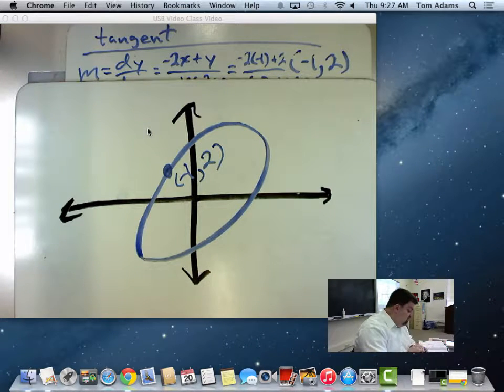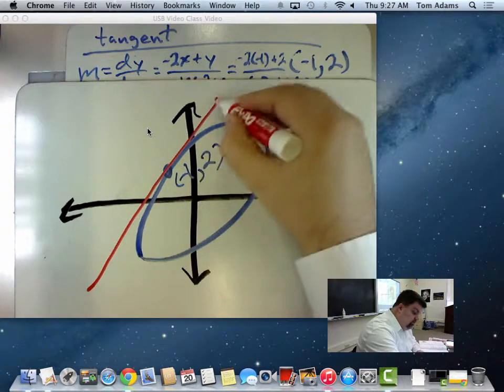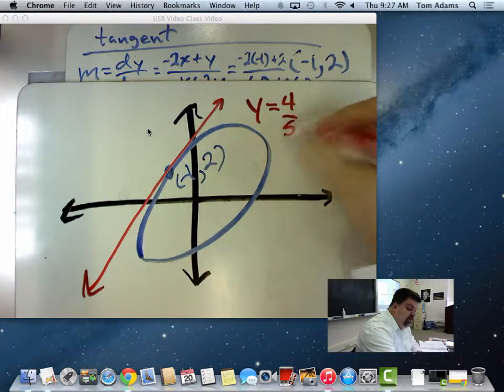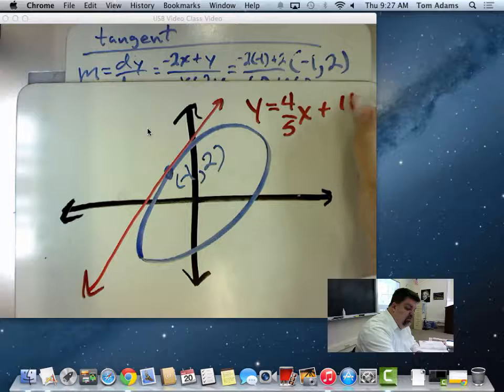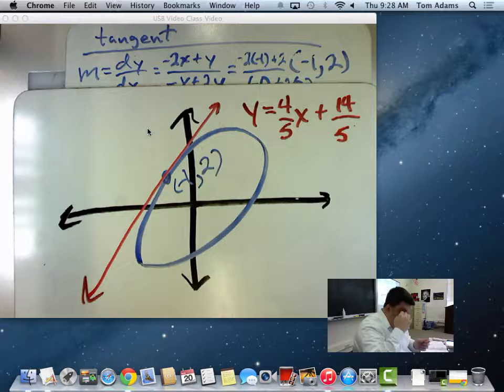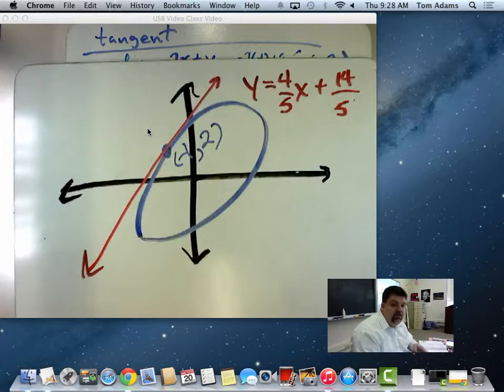And then the tangent line we said was going to cross through it was y equals 4/5 x plus 14 over 5. And it works because they've graphed it in your textbook, and so maybe Mr. Adams needs to find a little bit more robust graphing calculator as we start to proceed with this. So my question to you is, do you guys have any questions? You guys good on this?